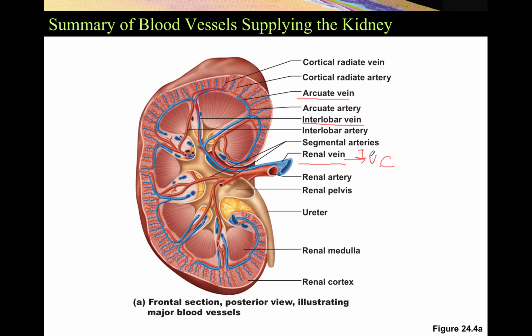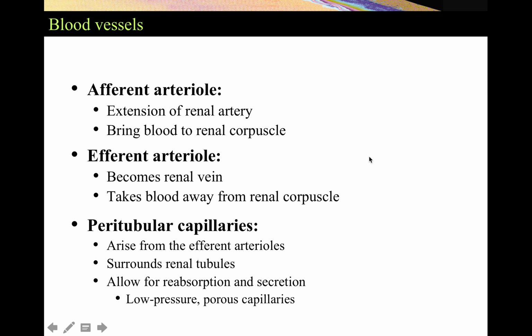The path of the blood through the kidney, and what supplies the nephron in the sense of microscopic blood vessels versus macroscopic blood vessels, is very essential. There are always going to be questions on your exam asking you either to identify what is the next blood vessel as far as the branching of the blood vessels, or asking you to write down the pathway of blood to your kidney.